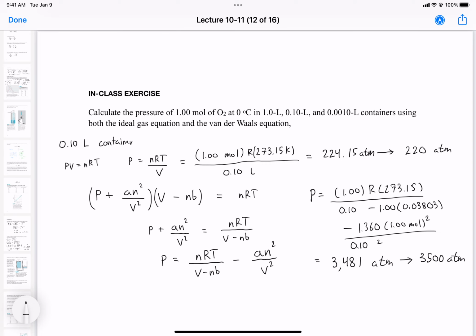Okay, but let me just double check here, because I want to make sure I got the numbers right. So let's see here. Okay, this is chapter 5, right? Yeah. Okay, so oh wait, what's wrong here?